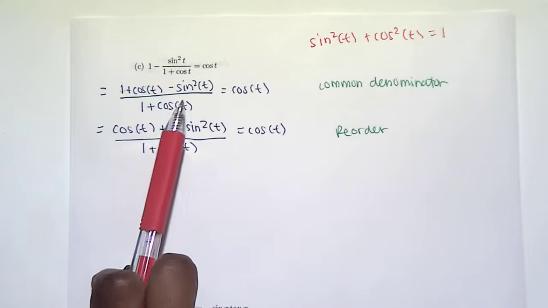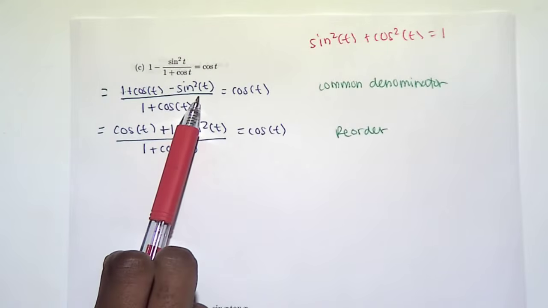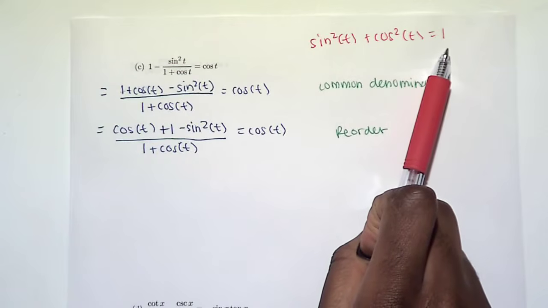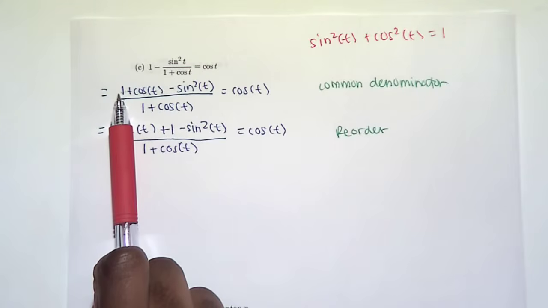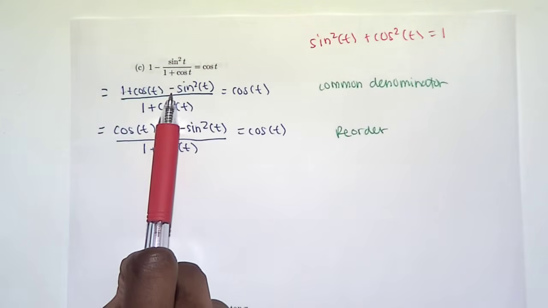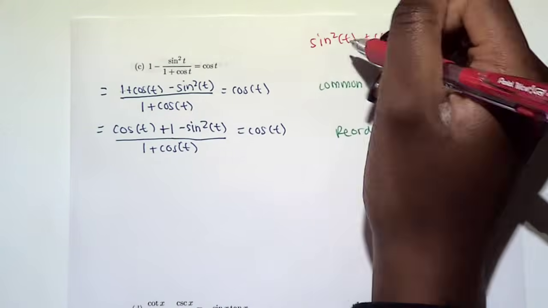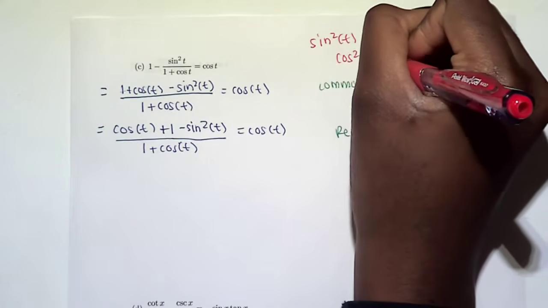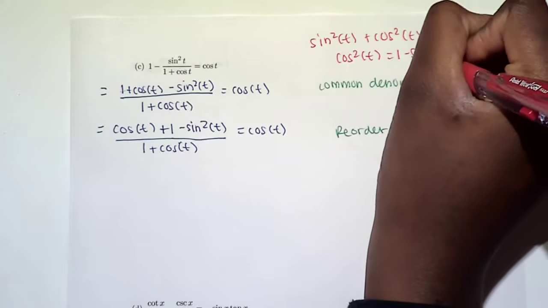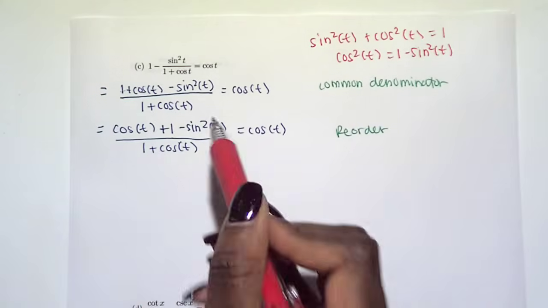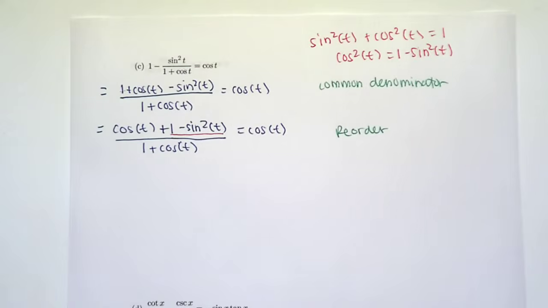All right, I just had a sine squared t in here. So I could solve for sine squared t, but if I do that, I would have 1 minus cosine squared t, and I don't have a minus 1 in here. However, I do have a minus sine. So I'm going to subtract the sine from both sides. Well, what do you know? 1 minus sine squared t, that's exactly what we have right here.